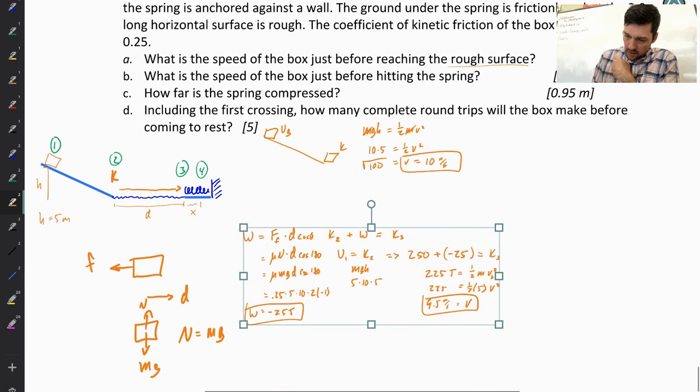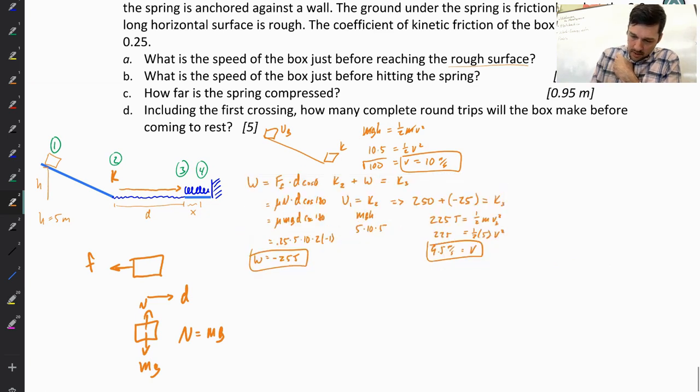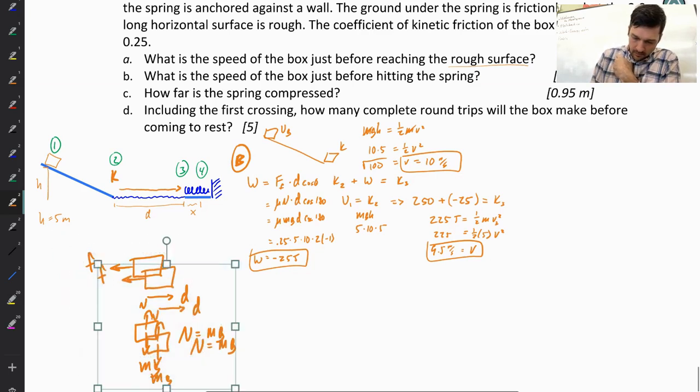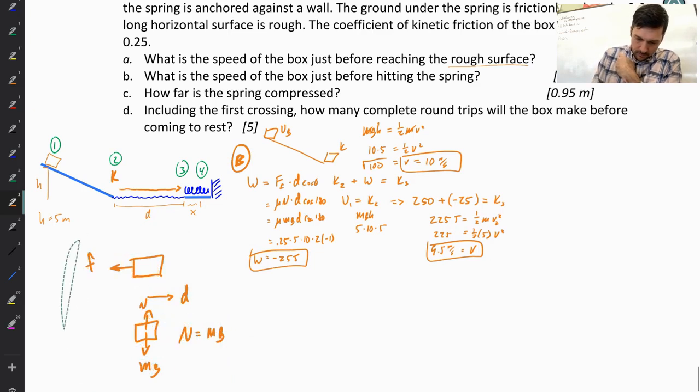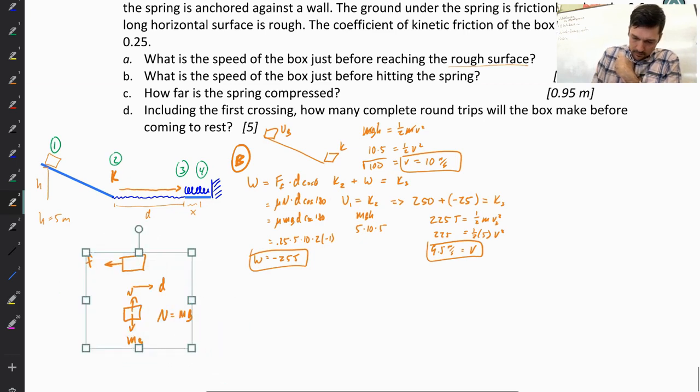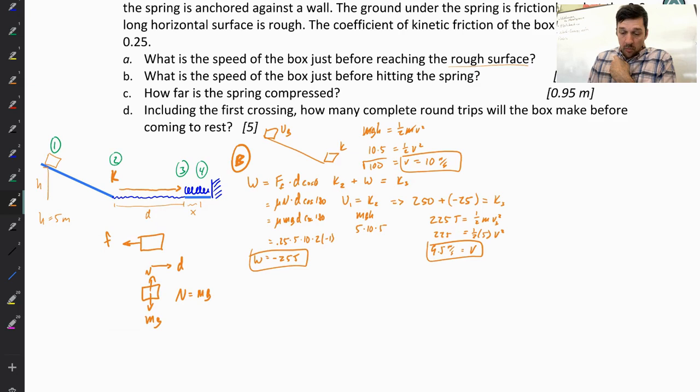So this all pertains to part B. So between points 3 and 4, well, at point 3, we've now just figured out how much energy there is after the rough slide. So the kinetic energy at point 3 is 225 joules, and that entirely is going to turn into spring energy at point 4.